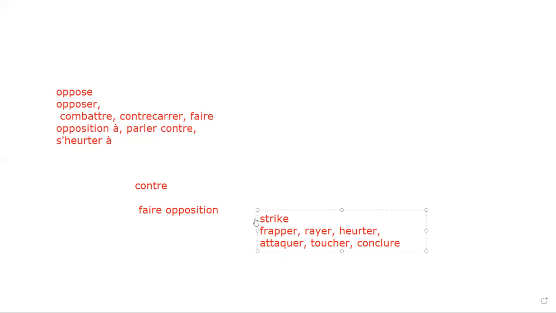Conclure is to conclude the situation. Is it clear? Frapper, rayer, heurter, attaquer, toucher, conclure. Repeat after me, team, please. Frapper, rayer, heurter, attaquer, toucher, conclure. Is it clear to you?